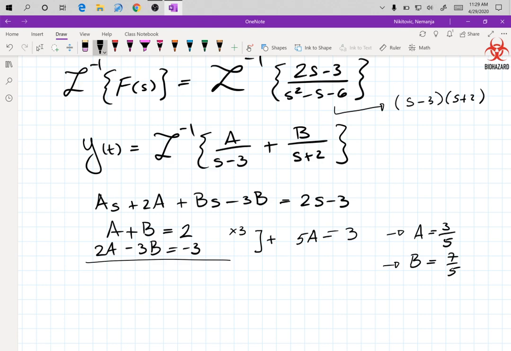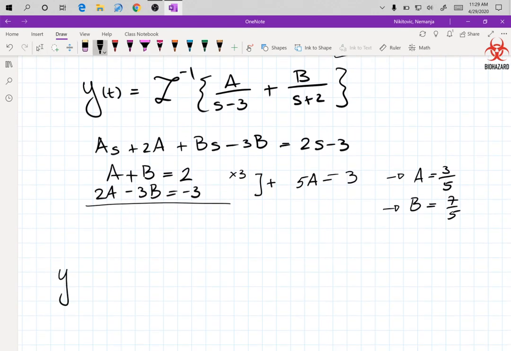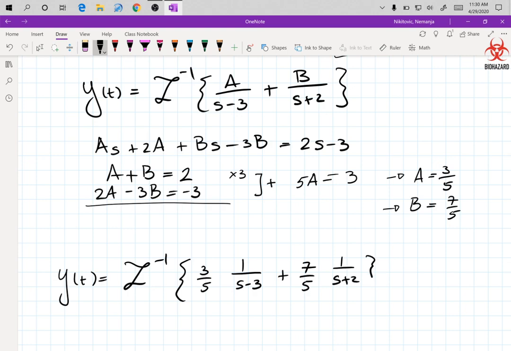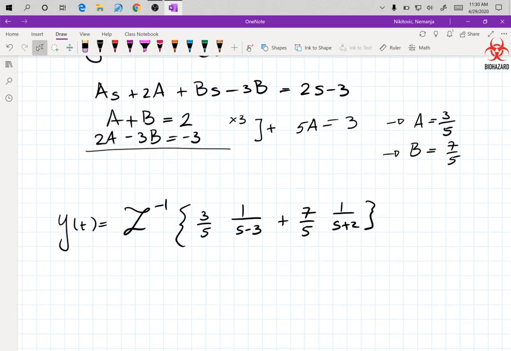They were there. So now my y of t is equal to inverse Laplace of 3/5 times 1 over s minus 3 plus 7/5 of 1 over s plus 2. Now, what do we know from our inverse Laplace chart?